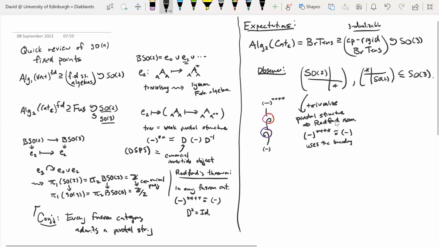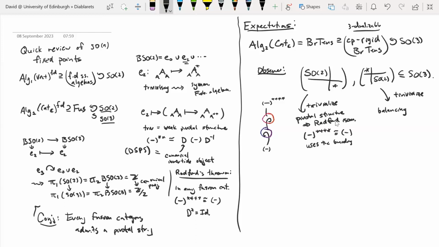And then another fact is that if we look at the other trivialization, we trivialize this other copy of SO2 sitting inside there, this gives us a balancing.